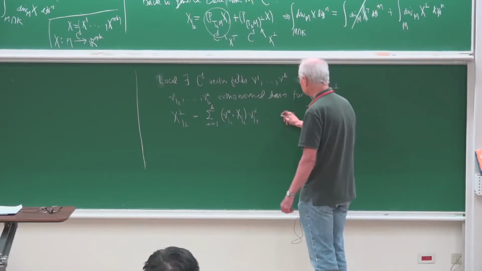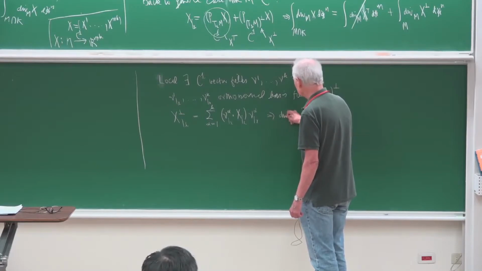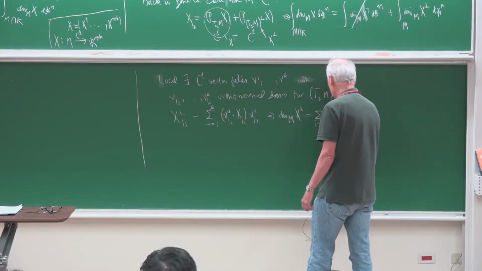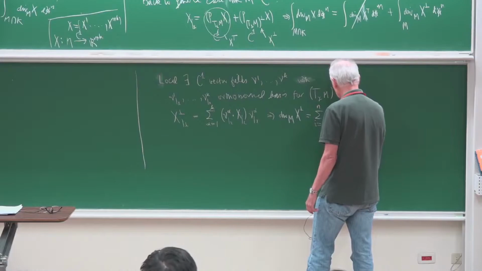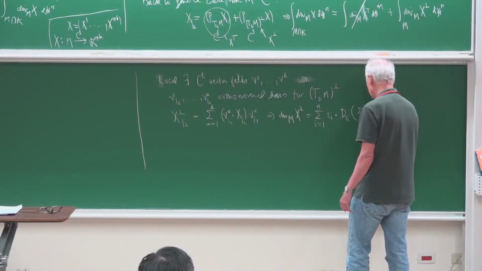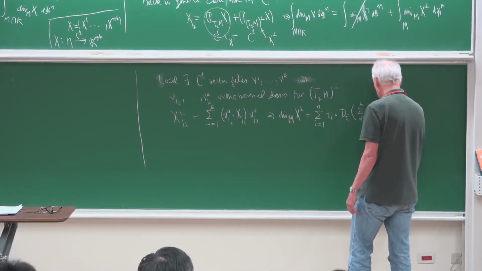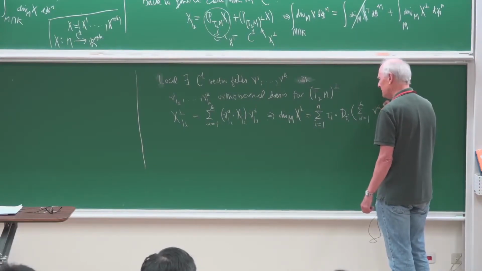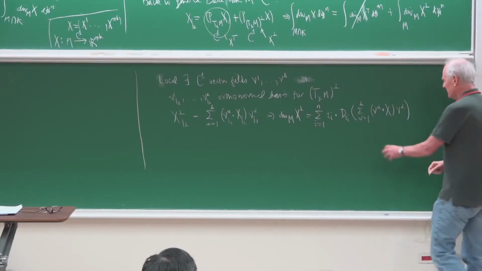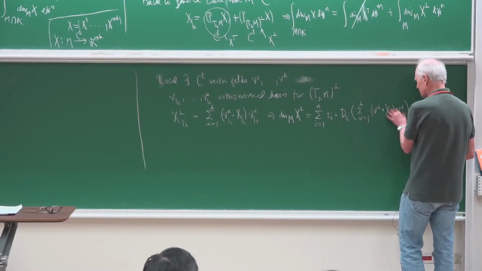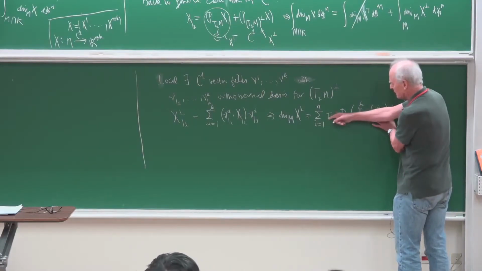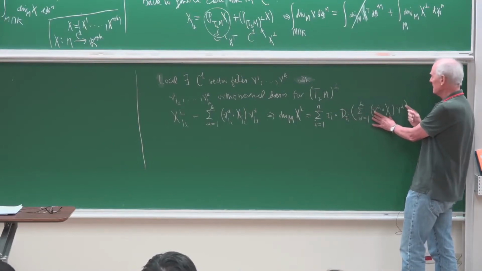So div_M x_perp is, now let's see, the sum i equals 1 up to n of tau_i dotted with the directional derivative of the sum, alpha equals 1 up to k, of nu_alpha dotted with x times nu_alpha. Now I've got to use the product rule for differentiation, so I've got to differentiate this bit times nu_alpha, but notice that bit gives 0 because nu_alpha dotted with tau_i is 0, because tau_i is tangent and nu_alpha is normal.